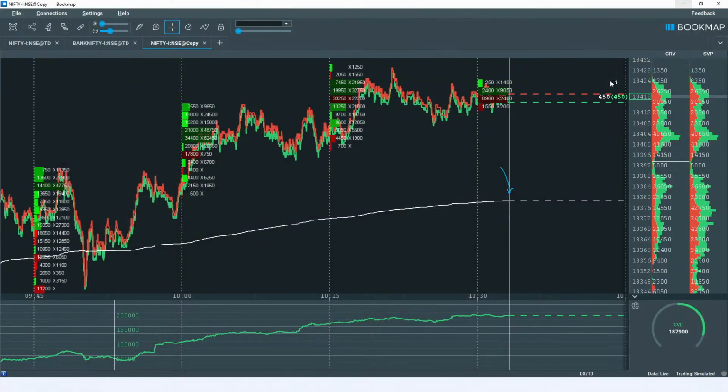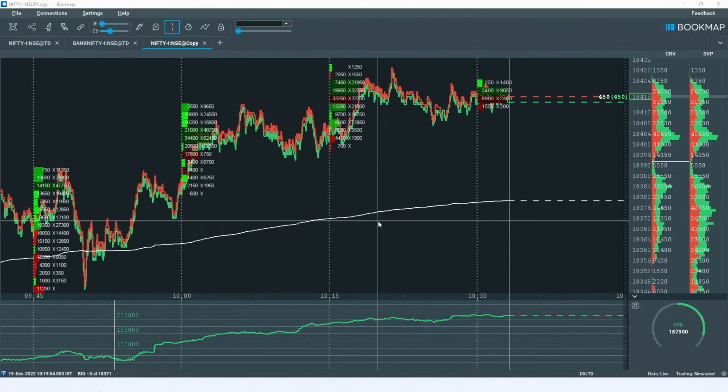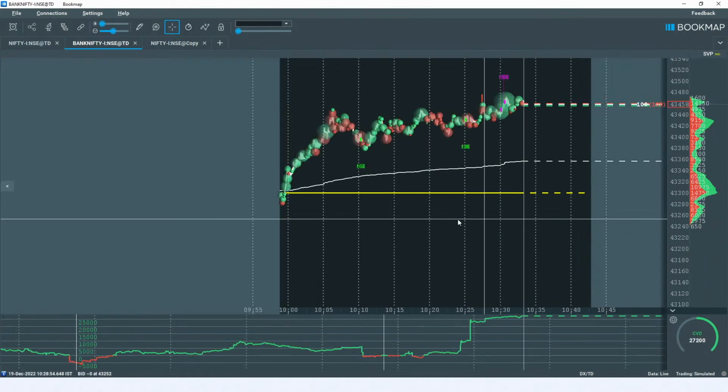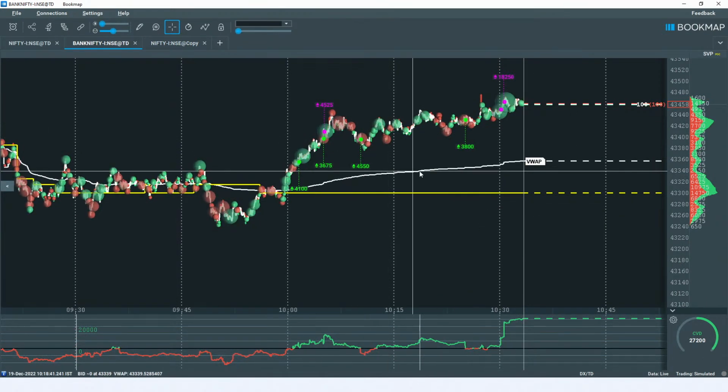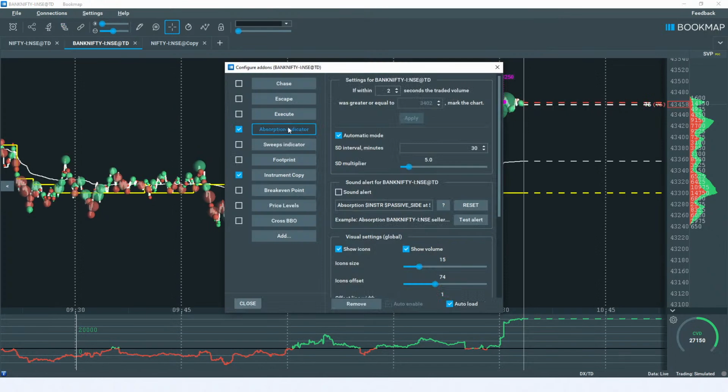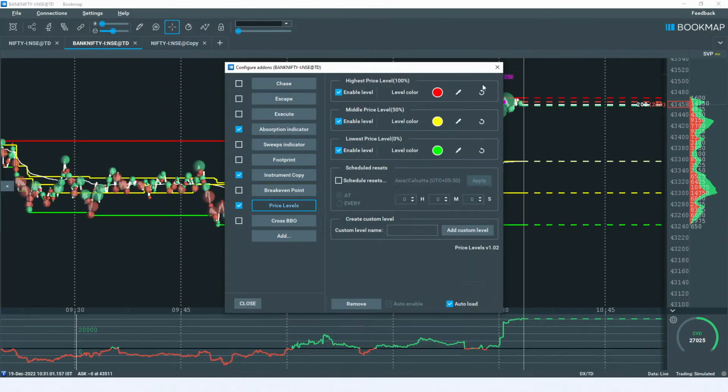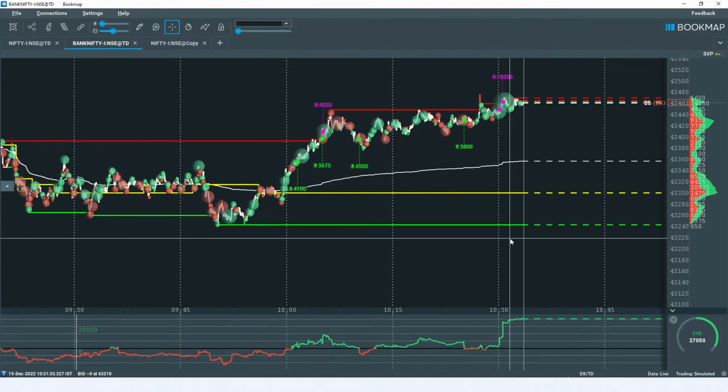So how does it look in the Bank Nifty chart? Let's check that out. This is how the overall chart looks. I have enabled an absorption indicator, and let me add a footprint price level indicator, which shows us the high and low. Presently it is trading at the high.